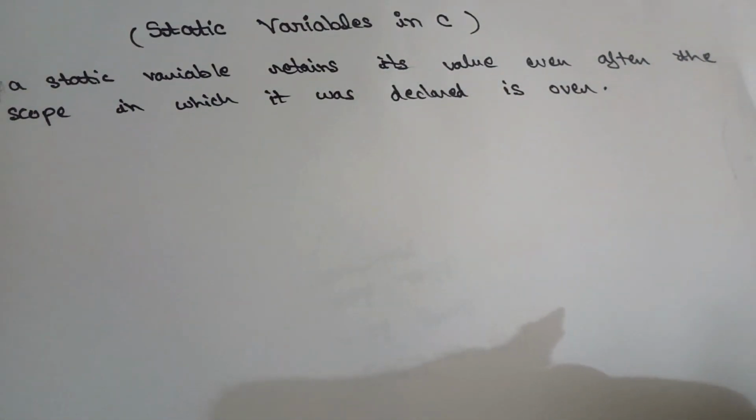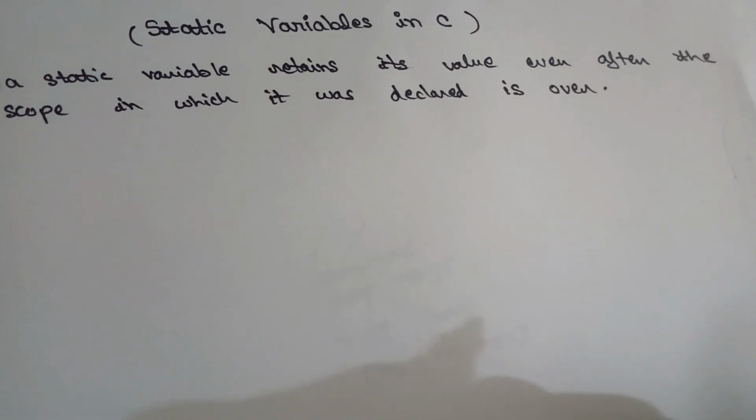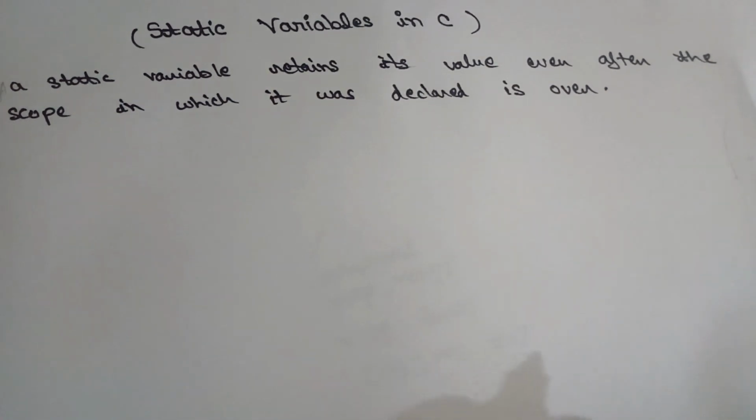A static variable retains its data value, even after the scope or the function in which it was declared is over. So let's understand this with an example.